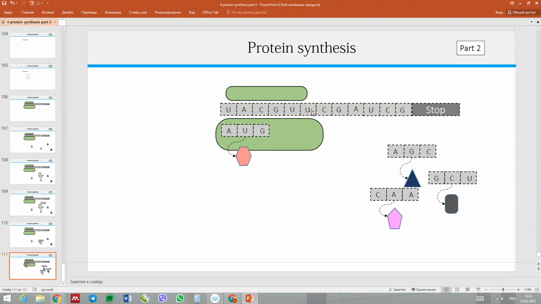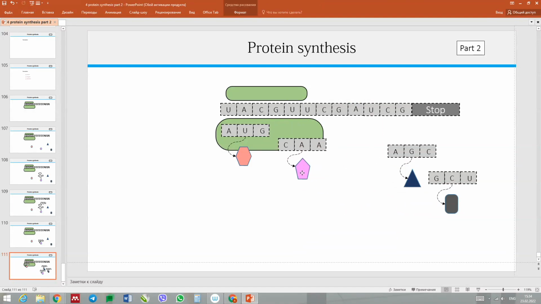What next? The next triplet of nucleotides or next codon is guanine, uracil, uracil. And once again, we are allowed to put here inside only the amino acid that is associated with transport RNA that has anticodon complementary to this codon.